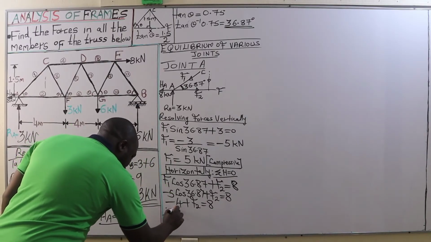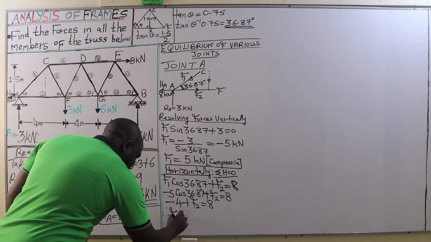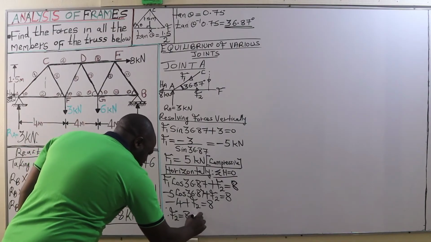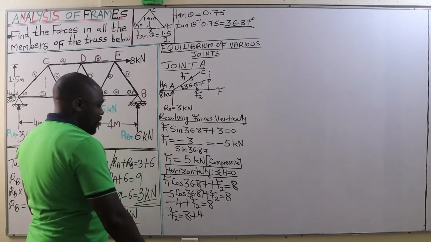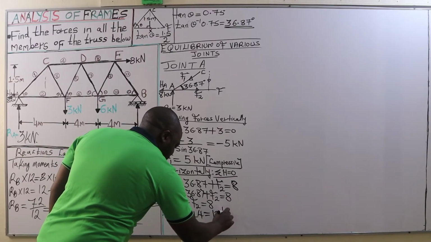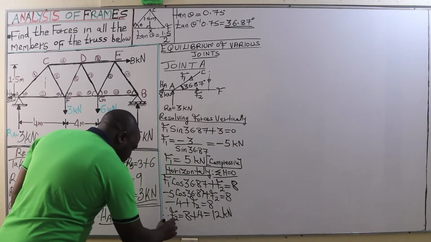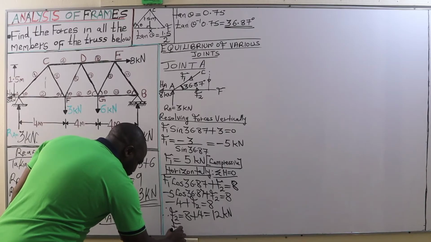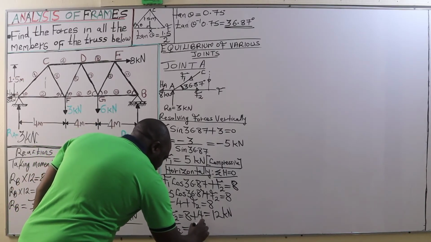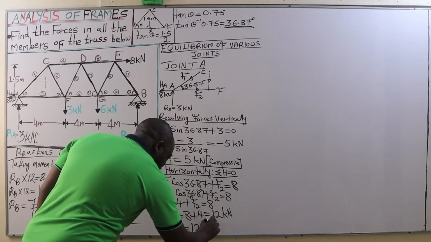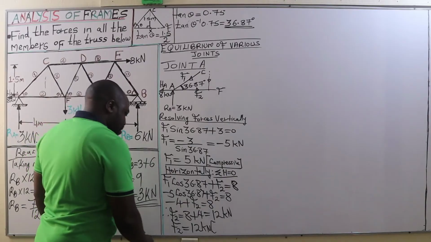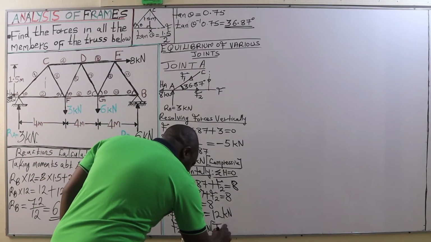And therefore, the value of the force F2 is going to be 8, taking 4 the other side of the equal sign, that's going to be plus 4, which in this case is 12 kilonewtons. And therefore, the value of the force F2 will be 12 kilonewtons, and it being positive is going to be a tensile force.